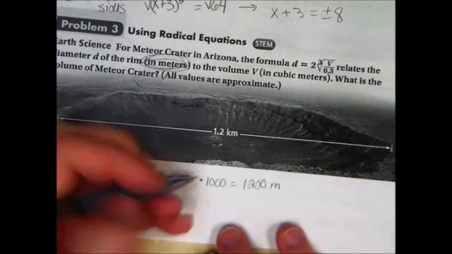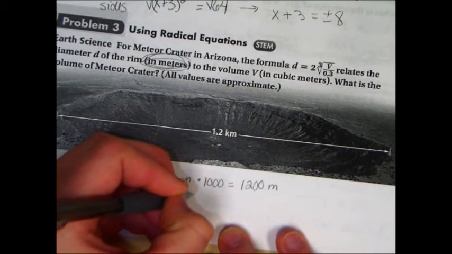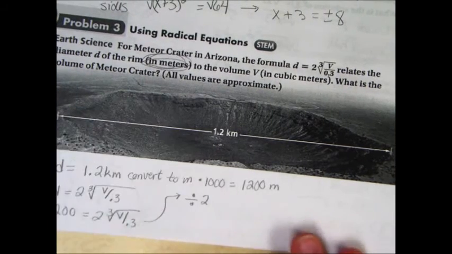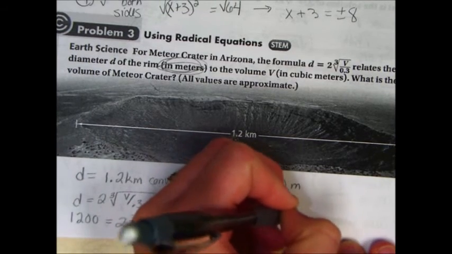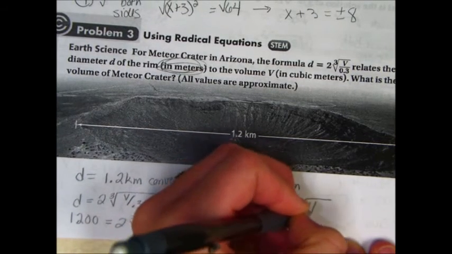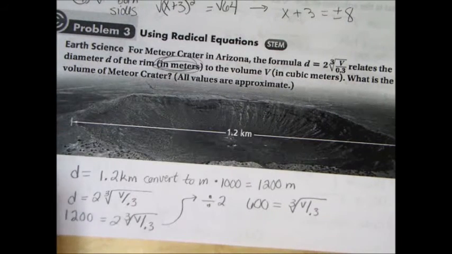Moving over, I'm going to divide by 2. So I get 600 equals the cube root of volume divided by 0.3.